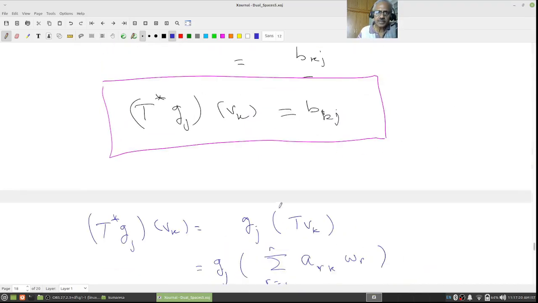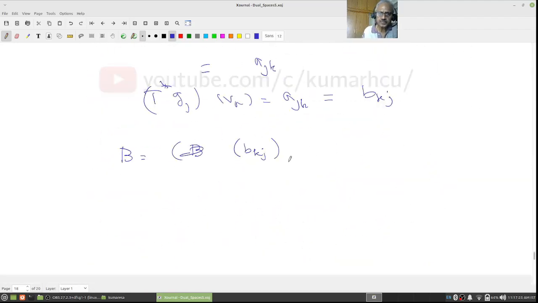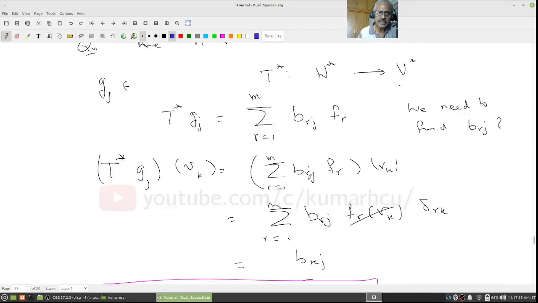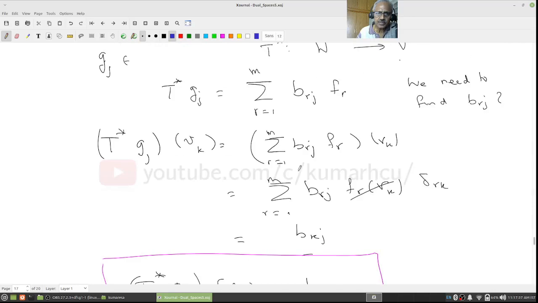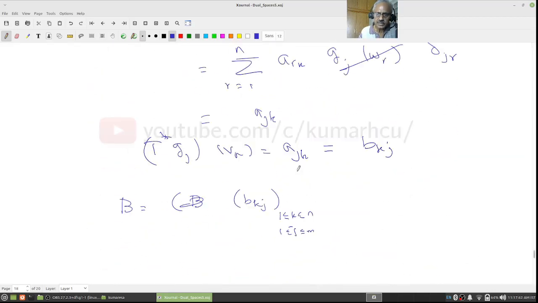Where does k run from? K is running from 1 to N and j is running from 1 to M. I hope I am doing it correctly. Okay, yeah. B is of type M cross N.